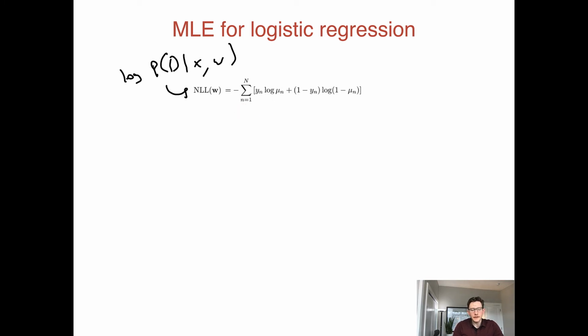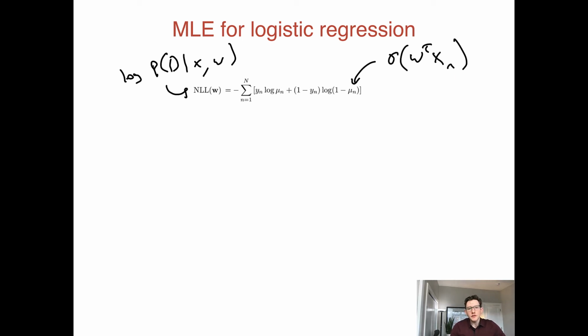So our ultimate likelihood is just going to be a sum of one of these mu values for each of our likelihoods. And we're defining mu of n to be the logistic function of w x n. Again, ignoring the b for bias term here.